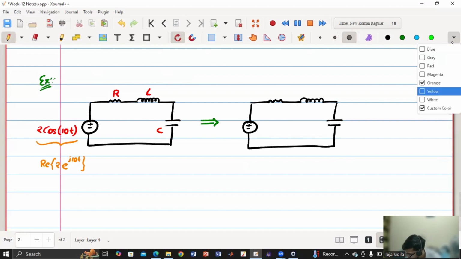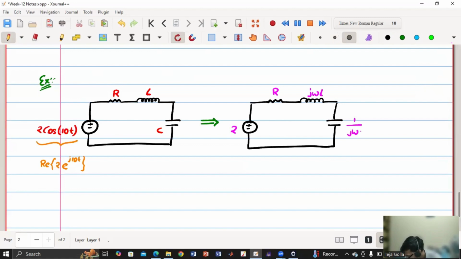Here we have 2, and this is resistor R. This is written as j omega L. This is written as 1 by j omega C. And say the current is phasor I. So now everything is written in terms of phasor. We are not writing real part of phasor into e to the power j omega t everywhere, because that will make things complicated. So we are writing everything in phasor.